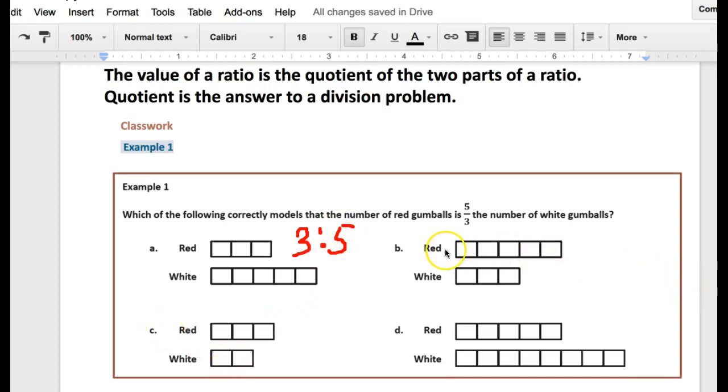Our next one is red to white. We have 1, 2, 3, 4, 5 red, 2, 3 white, 5 to 3. C says 3 to 2.